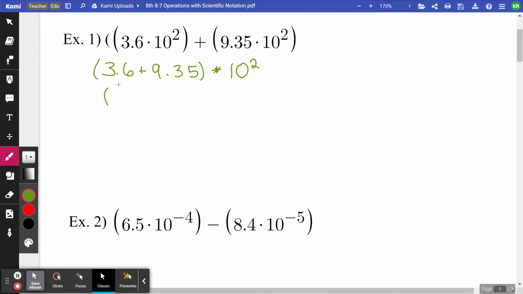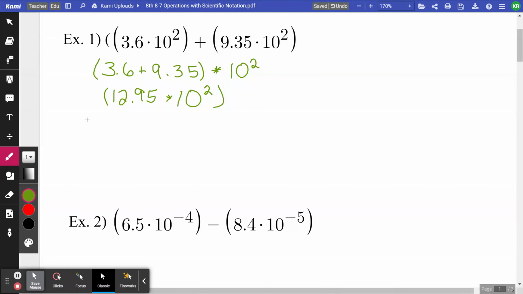So we get 12 and 95/100 times 10 to the second power. Now we need to change this, because we need to get it into scientific notation.